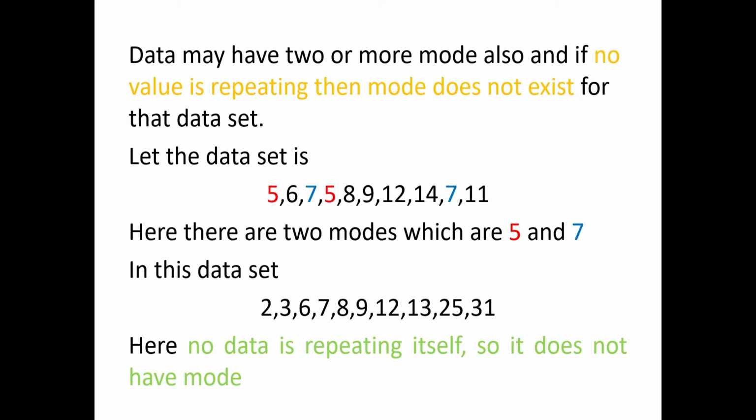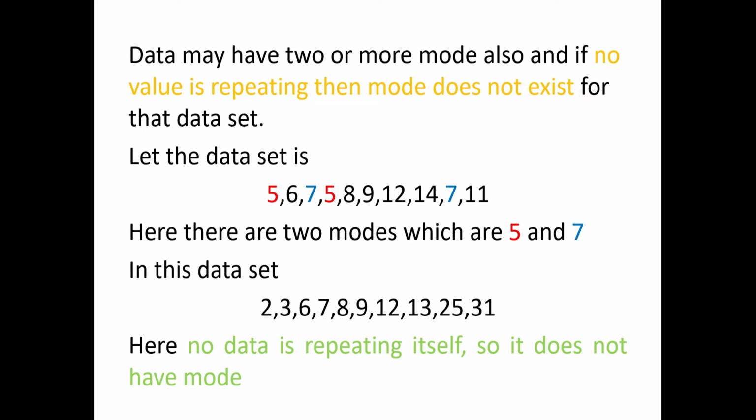Let's take the data set 5, 6, 7, 5, 8, 9, 12, 14, 7, 11. 5 is repeating 2 times, 7 is repeating 2 times. So this data is known as bimodal data. Two modes are there, so two values are repeating. Similarly, there is trimodal data. And if more modes are there, then you have to use another statistical technique.